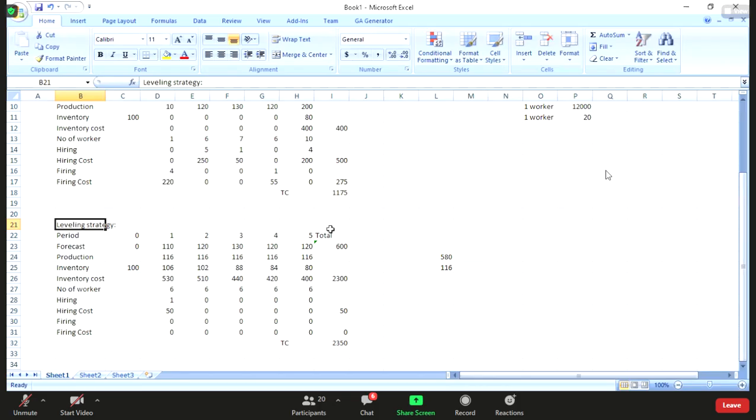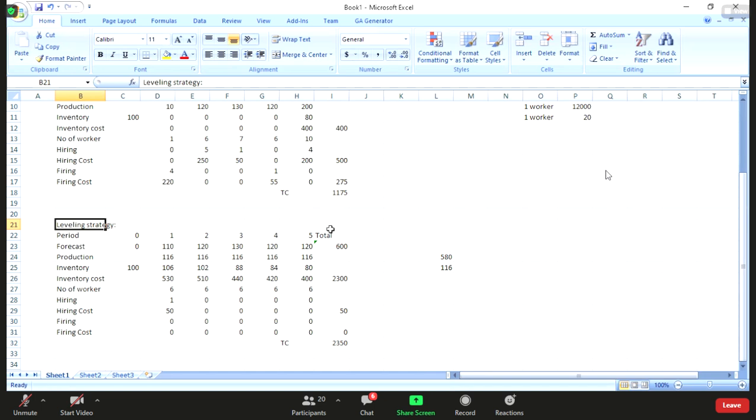That's why, when I explained the theory, I underlined that you need to understand the concept and definition of the strategy first. In leveling strategy, we need to produce constantly. Is it clear? Yes, sir. In order to produce constantly, we need to calculate the total requirements divided by the number of periods.